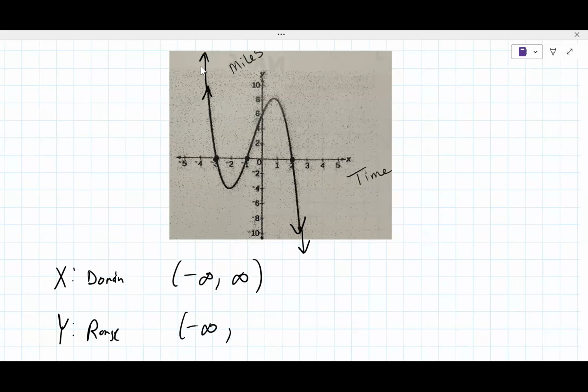I would say it goes to 15 because it's jumping up so many spaces. Does it go past 15? Kind of. Yes, it goes up forever. All right, that is infinity.